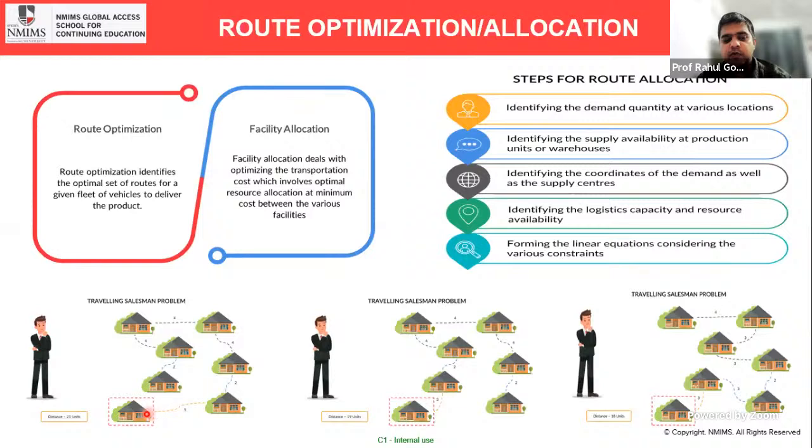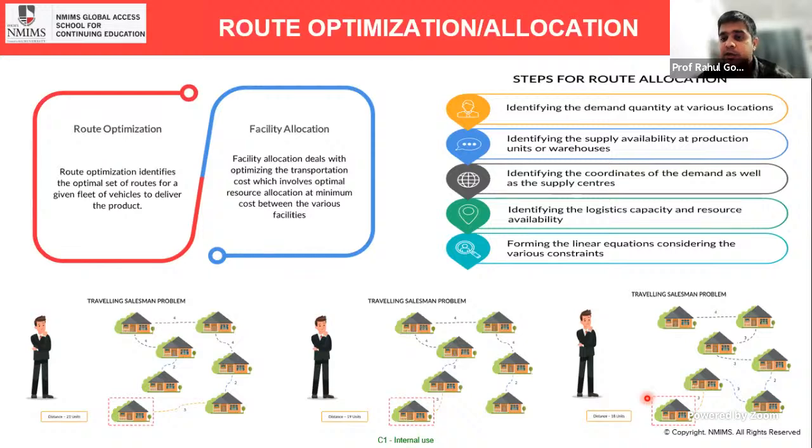So for example, this is one possible route: if he starts here, he can go to this house, this house, this house, this house, this house, this house, and come back to this location. There's a second possible route wherein he can start here, follow this particular route and come here, wherein he has to travel 19 kilometers. In the first, it is 21 kilometers. There are other possible combinations, which is 18 units.